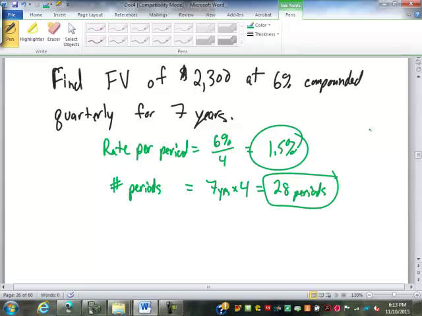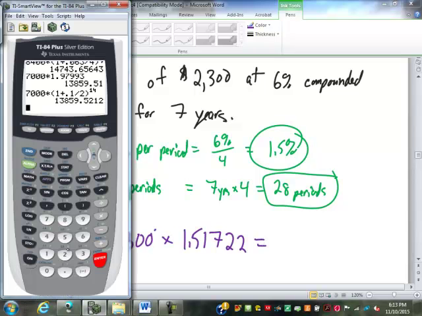So 1.5 and 28 give us what? 1.51722. 2,300 times that is $3,489.61.